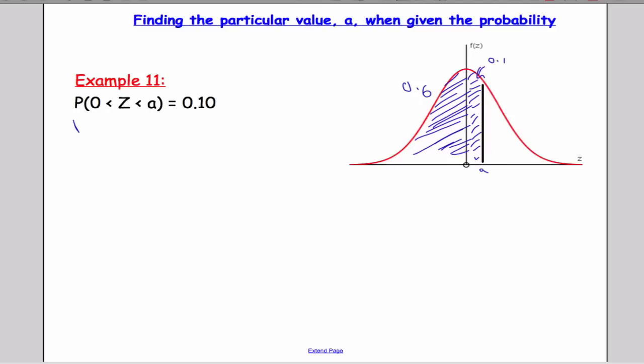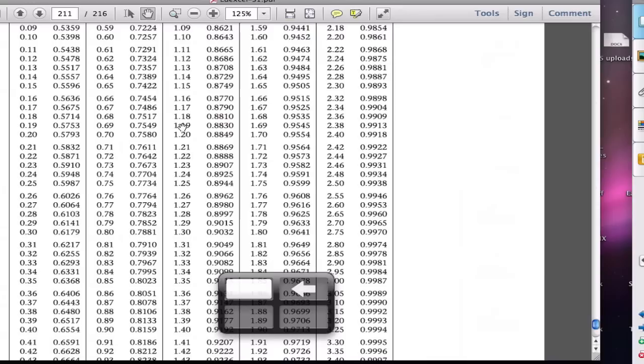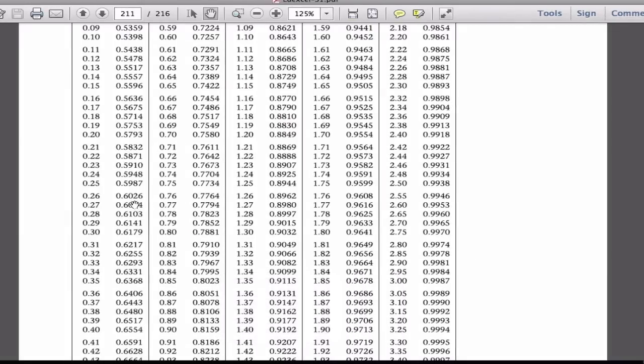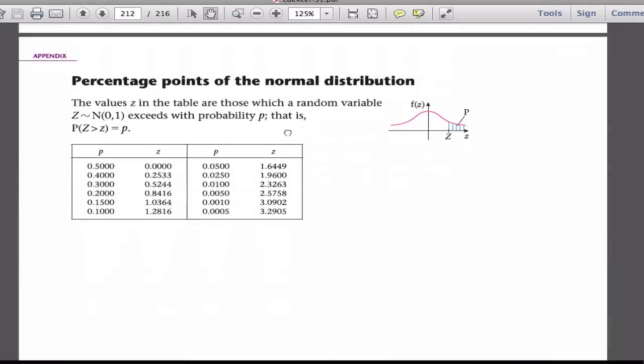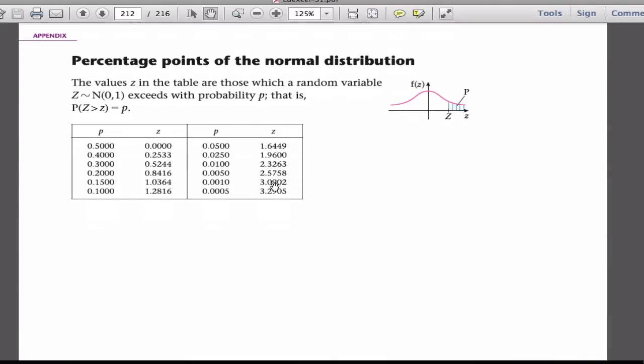So I can safely say that the probability that my random variable is less than A equals 0.6. I can go to my table now and have a look. Is there anything that has a probability of 0.6? No, I've got two things that are in between. So maybe I actually need to use my percentage points table, which is the probability that z is greater than little z.